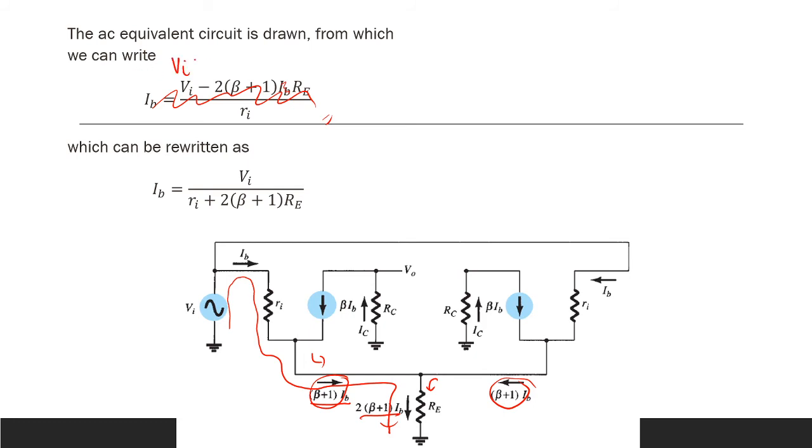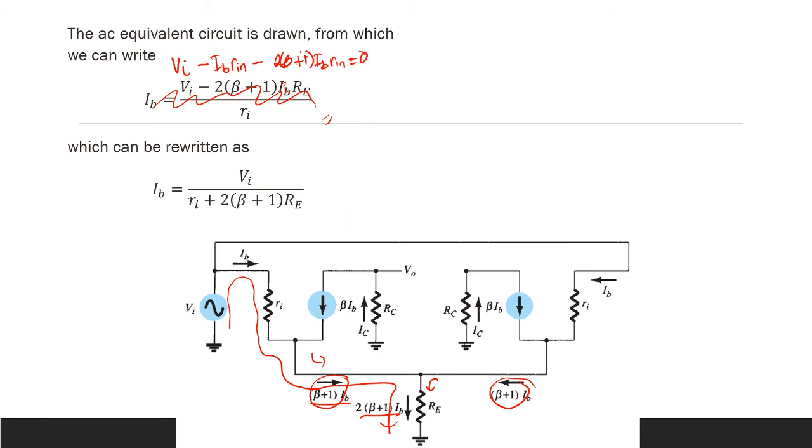We have V in, minus IB R in, minus 2 beta plus 1 RE IB is equal to 0.